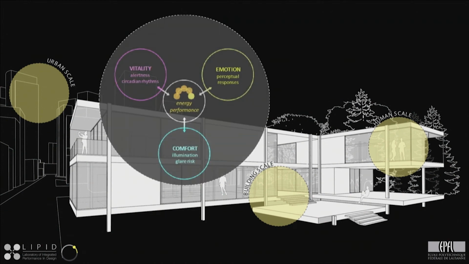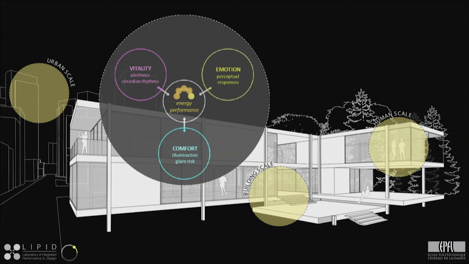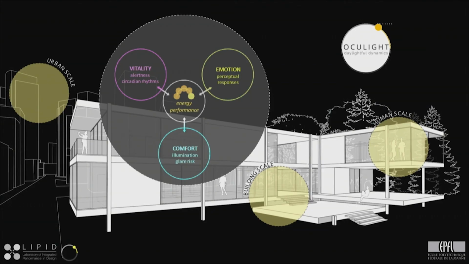And along these lines, the three pillars that we are really working on at LIPID are those three that really relate to the human scale, but all have to be dealt with with regard to responsible energy performance, obviously. And then to bring this closer to practice, we now can also offer a service type of approach where we can bring these tools into the design community.